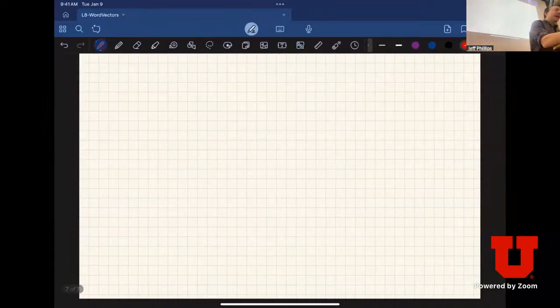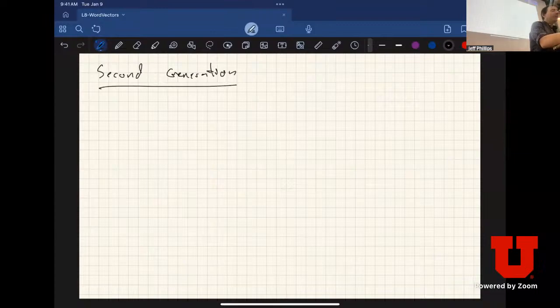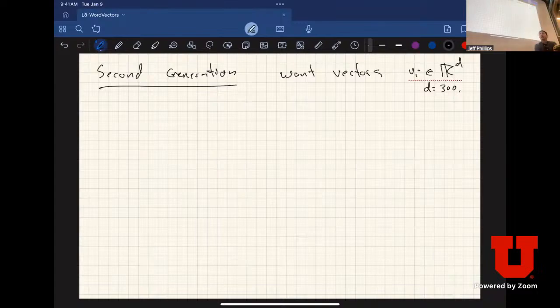Okay, so the second generation says we wanted vectors v_i in R^D, where D equals, say, 300, which became about the sweet spot for these things. So now it's still 100,000 words, but only 300 dimensions, which was much more attainable.